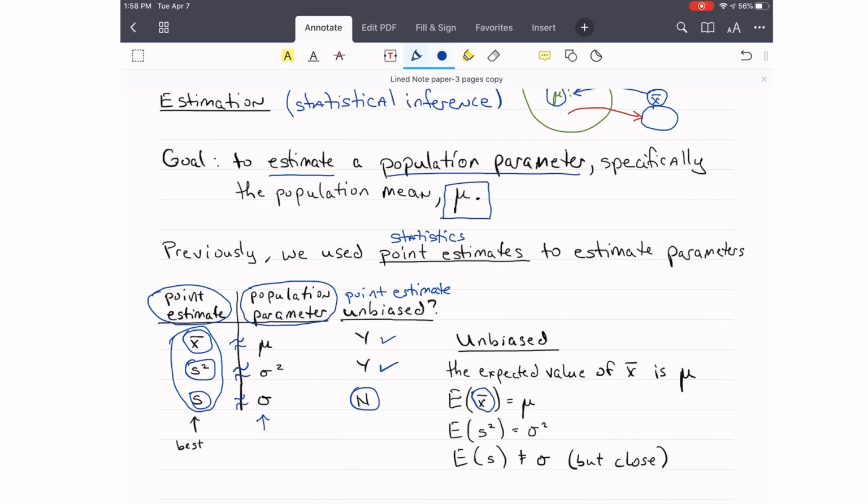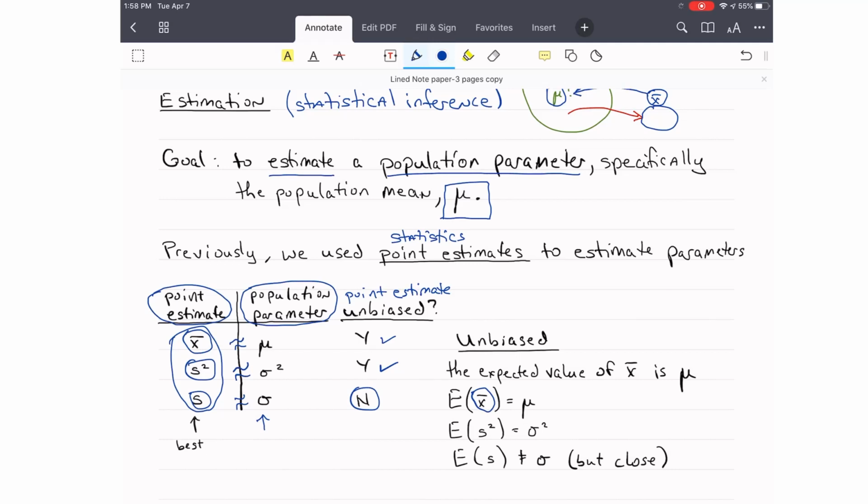In section 7.4, we talked about the sampling distribution of x bar, and in 7.5 we talked about the central limit theorem. So x bar has its own distribution, and depending on what our sample size is, that determines the distribution of x bar. If n is greater than 30, x bar is going to have a normal distribution.